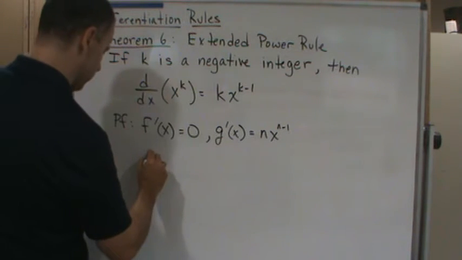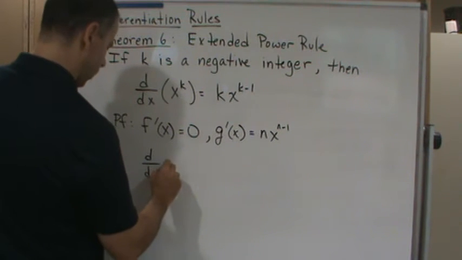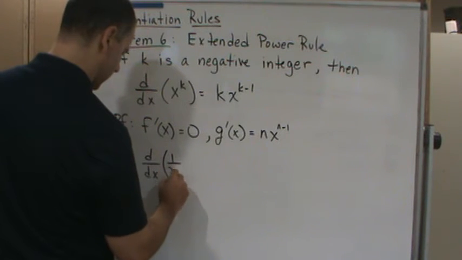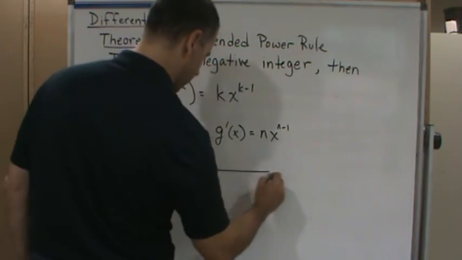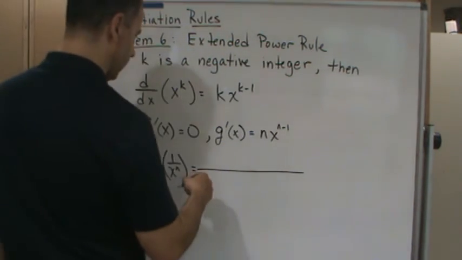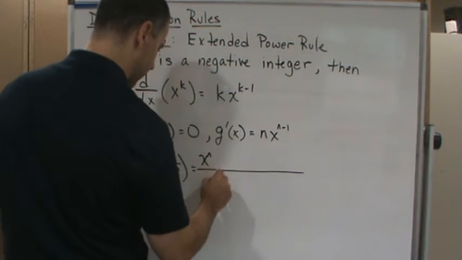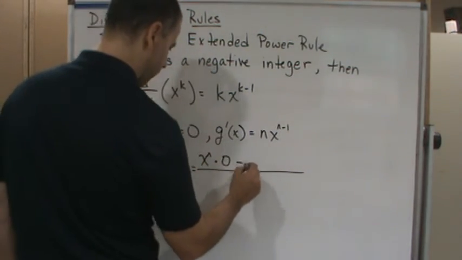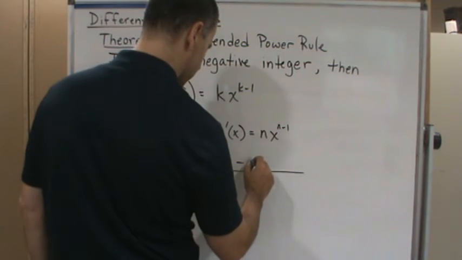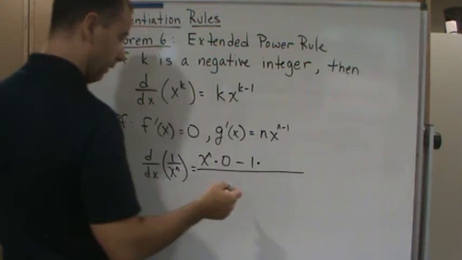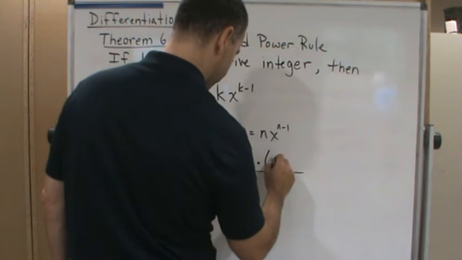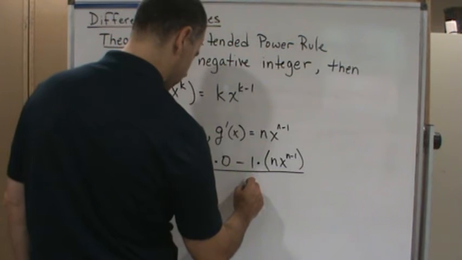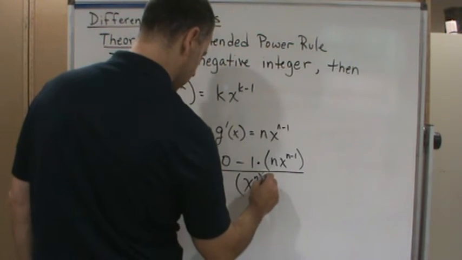If we apply the quotient rule, we get the derivative of 1 over x to the n equals, remember it's low d high minus high d low, so the low, x to the n, times the derivative of the top, which is 0, minus the top, which is 1, times the derivative of the bottom, which is n x to the n minus 1, over the bottom squared, which is x to the n squared.